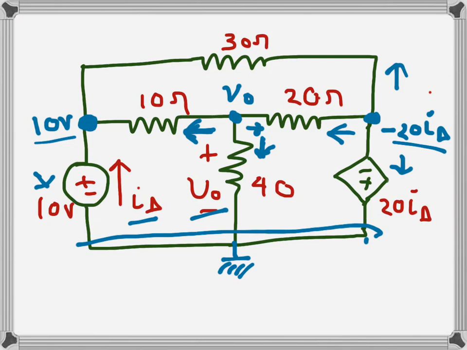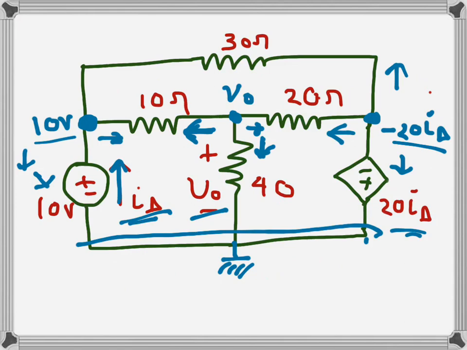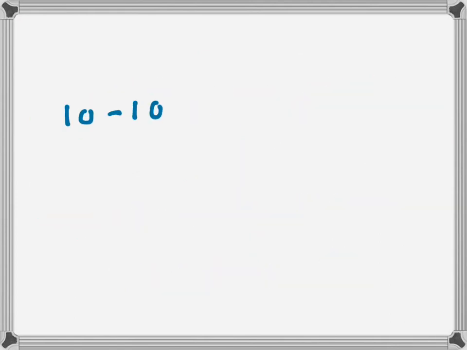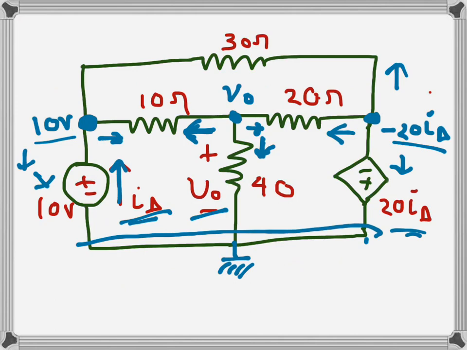For this node we can write KCL again. This is one current going downwards, and this current is given. We couldn't write the current equation for this branch either, had this current not been given, but this current is given as I delta. So I will write 10 minus V naught over 10, the current going in that direction.